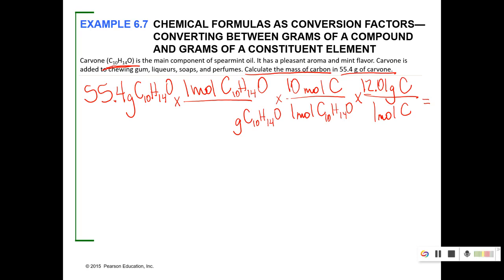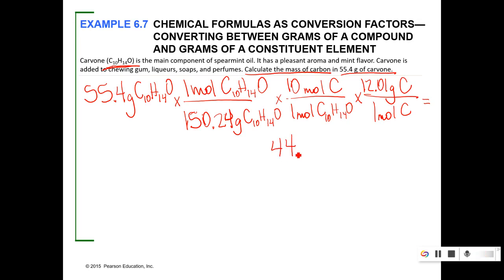I could just pull that from the periodic table. So I am doing the addition, and I get that carvone's molar mass is 150.24 grams. Okay, so I'm going to do 55.4 divided by 150.24 times 10 times our 12.01.